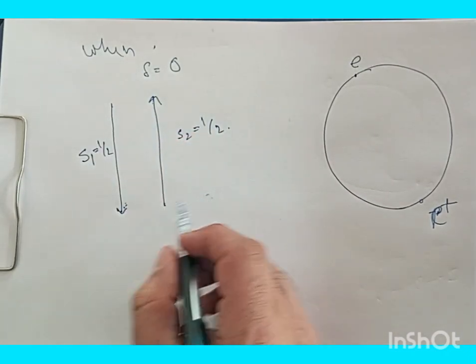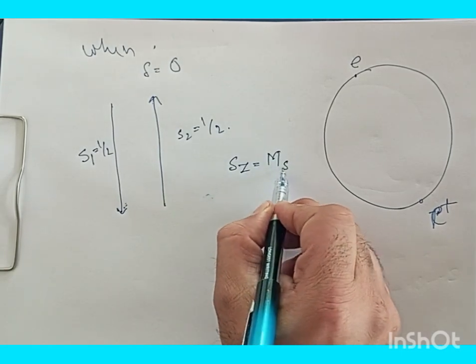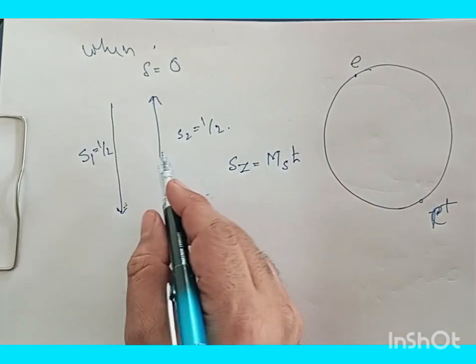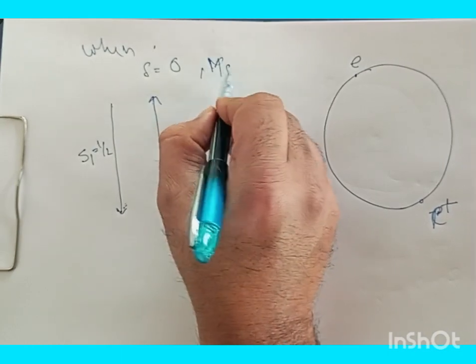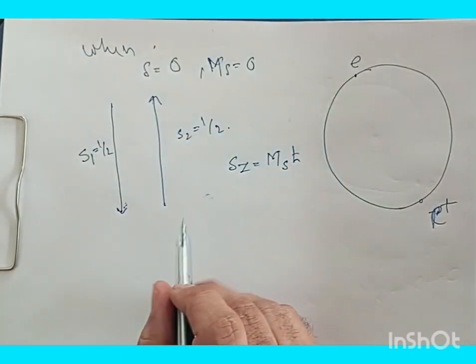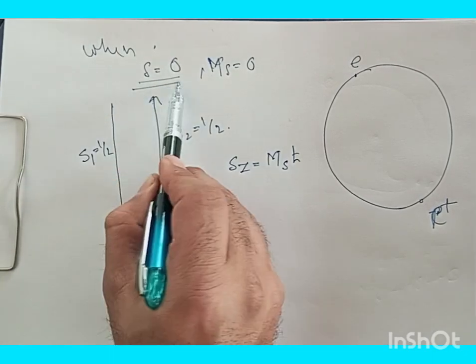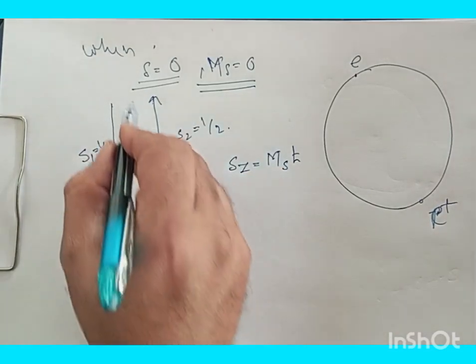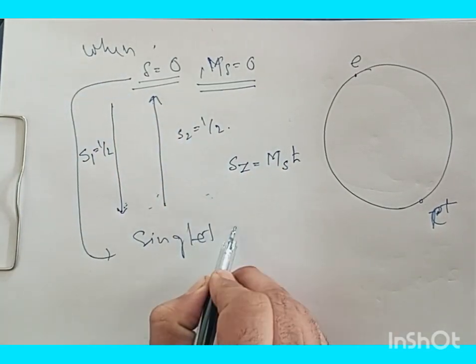Now, Sz is ms h bar, so the value of ms for this category is 0. The state that corresponds to s equal to 0 and ms equal to 0 is called the singlet state.